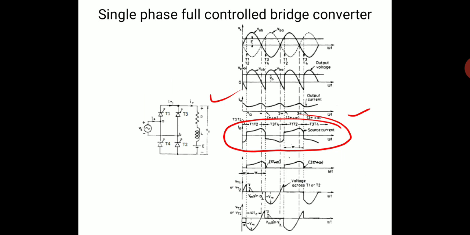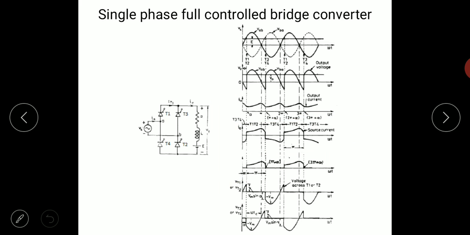This voltage we have achieved by subtracting load voltage from the supply voltage. You can see that during omega t is equal to alpha to pi plus alpha, V0 and Vs are same. That means in this period Vt1 and Vt2 will be 0.